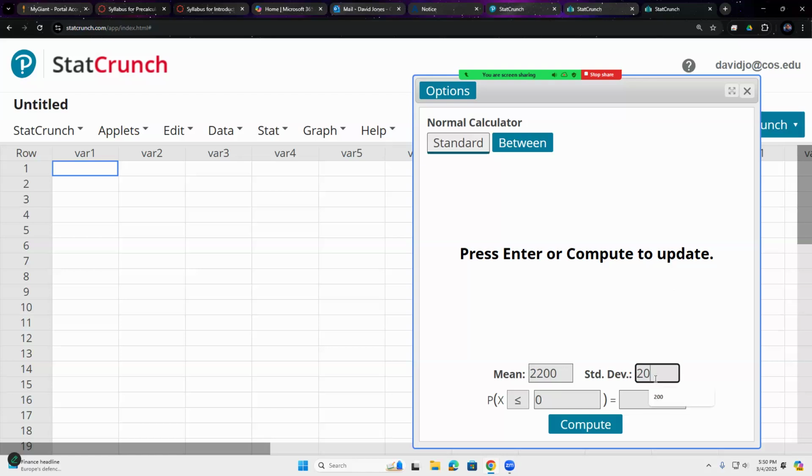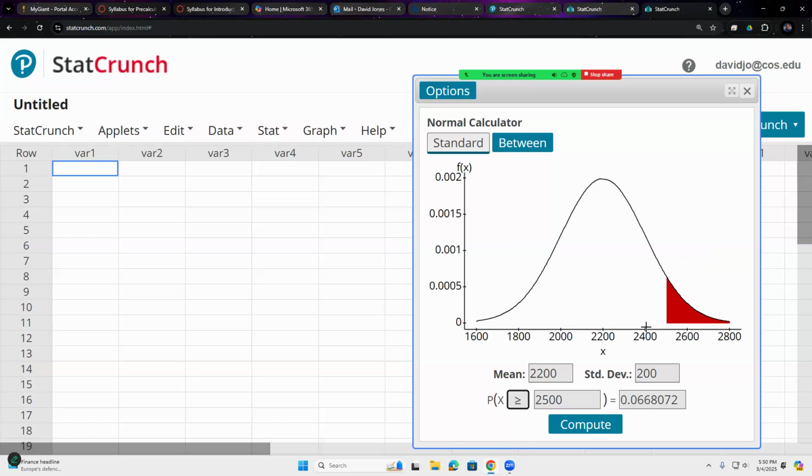We need the standard deviation. We were aiming for 2,500, and it only gives us two choices. We said we wanted greater than, this says greater than or equal to, but the equal to proportion does not matter on the normal distribution. So that's what we want, and that looks like a graph, right?